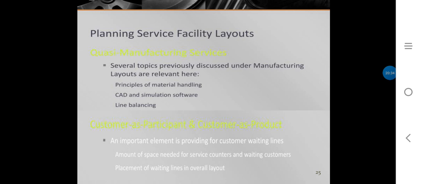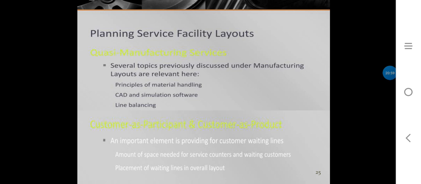The best example is the restaurant industry, the fast food industry, such as McDonald's and KFC. They have production and also services. Those services are similar to cell manufacturing: producing pizza and also delivering it. That is quasi manufacturing.